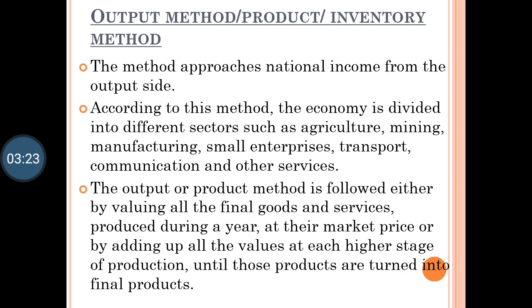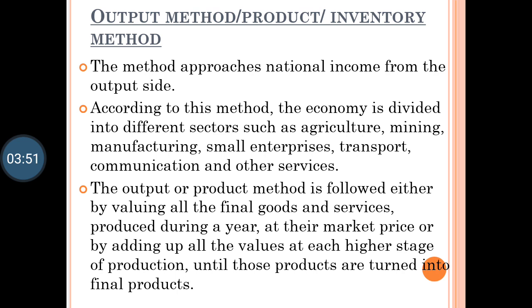According to this method, the economy is divided into different sectors. We know there are three sectors: primary, secondary and tertiary. So we could take into consideration that the economy is divided into agriculture, mining, manufacturing, small enterprises, commerce, transport, communication and other services.